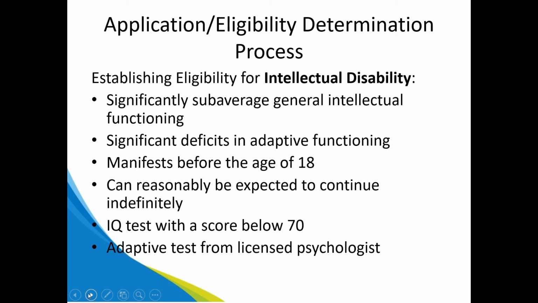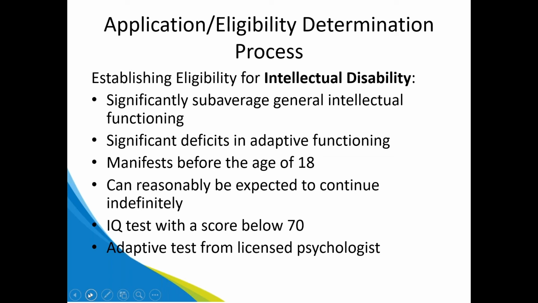Establishing eligibility for intellectual disability: the client or the applicant has significantly sub-average general intellectual functioning. It must manifest before the age of 18 and can be reasonably expected to continue indefinitely.